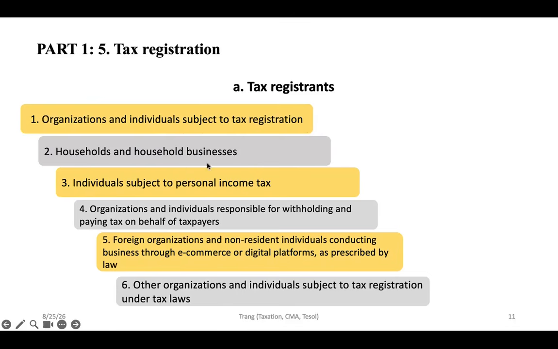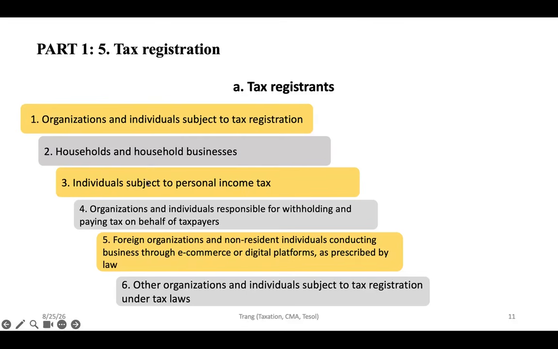And second, household and household businesses. The law specifies households and household businesses. In Vietnam, household businesses are very common, and they have their own specific tax registration requirements, separate from large corporations.